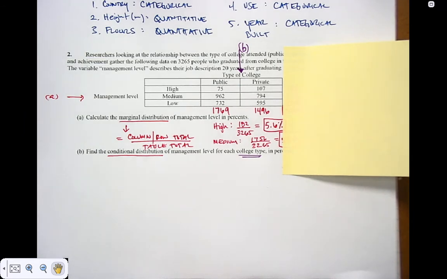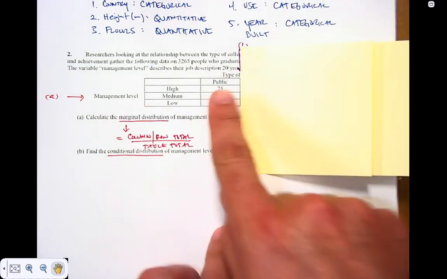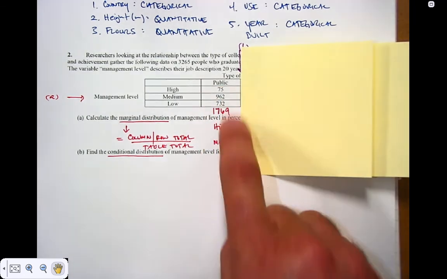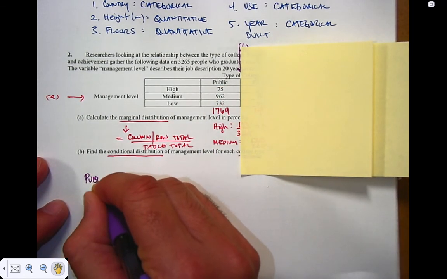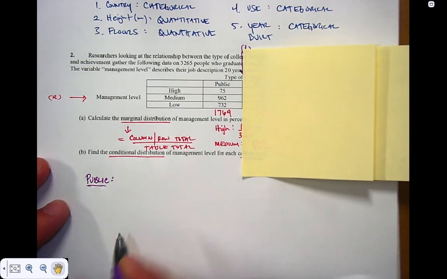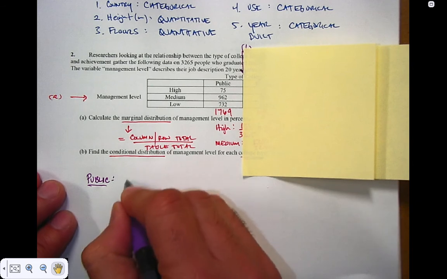Meaning, let's first find public. Okay, so if we first focus on public college, you're only going to use those 4 numbers. And so you would say down here, public. Okay, you're going to have 3 different types. You're going to have high, medium, and low.